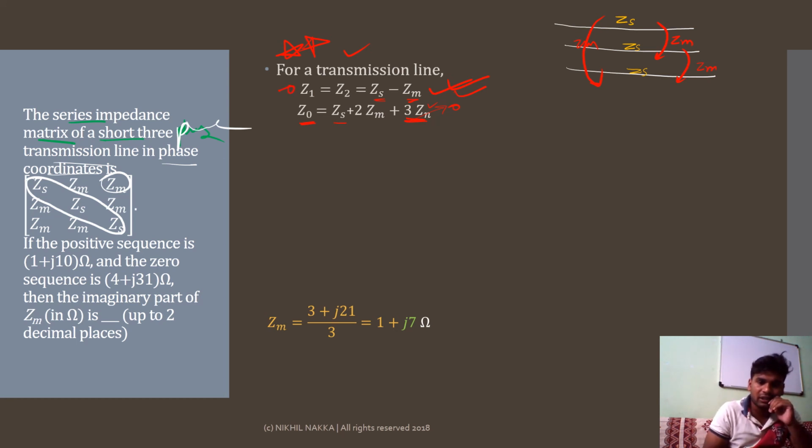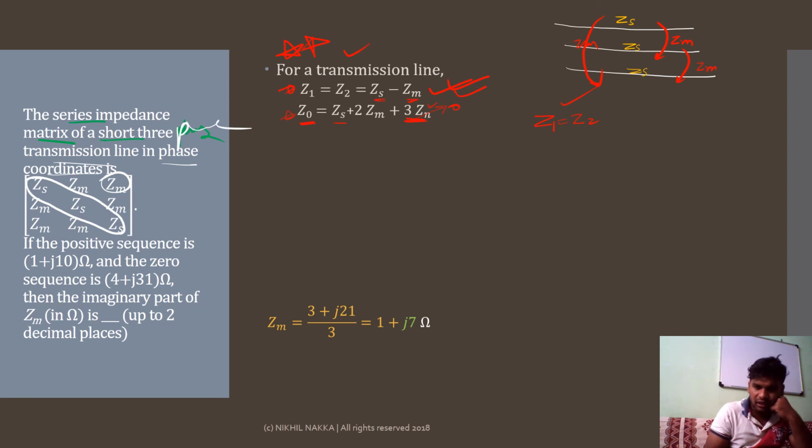Just by looking at these two equations, the positive sequence impedance equals the negative sequence impedance, both are the same. Basically, for a static device this holds, whereas for a rotating device it is different. The positive sequence impedance is going to be higher than the negative sequence impedance when you talk about a motor or alternator.